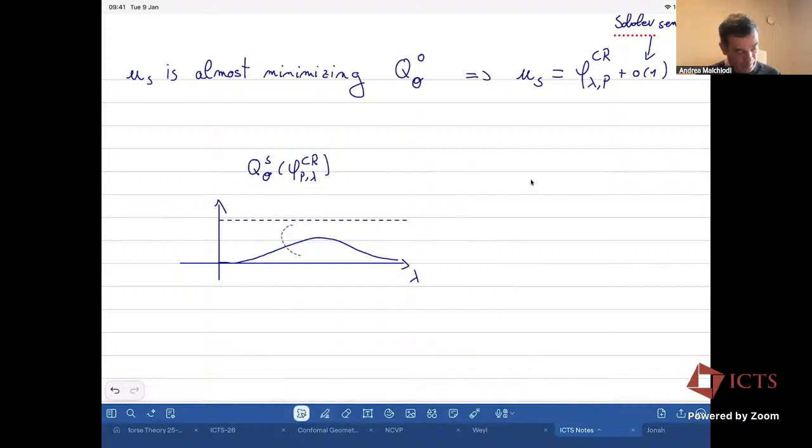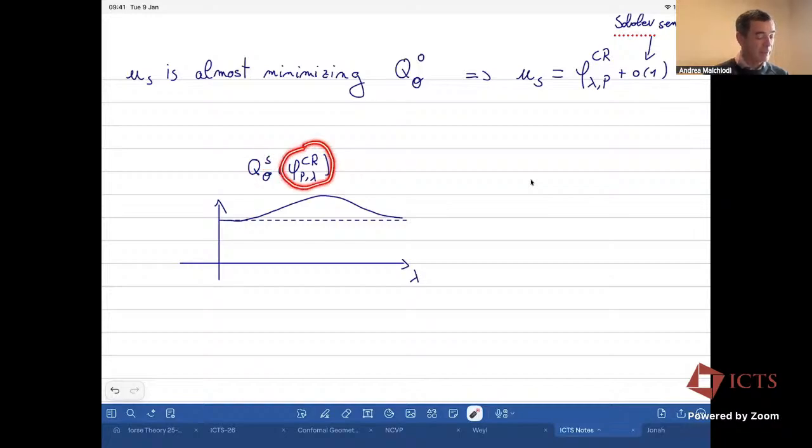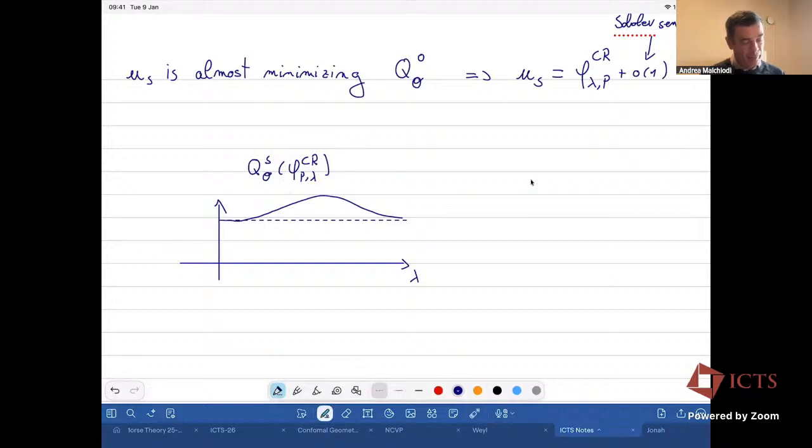So you expand the quotient for the S structure on those standard solutions. This limiting value, when lambda goes to 0 and infinity, converges to Y of S3, J_0, theta_0.